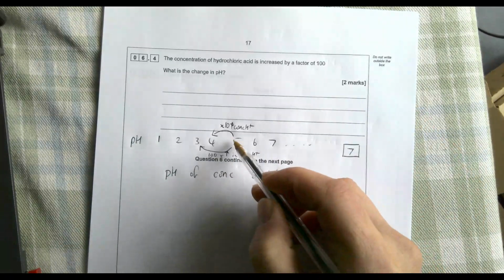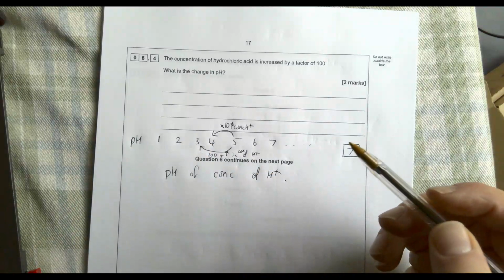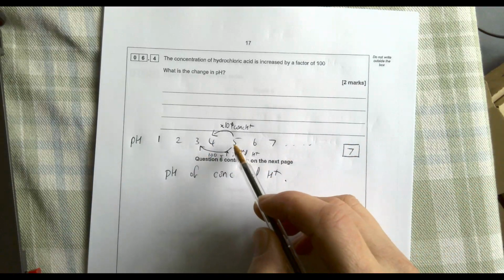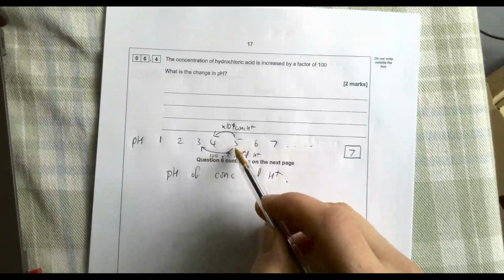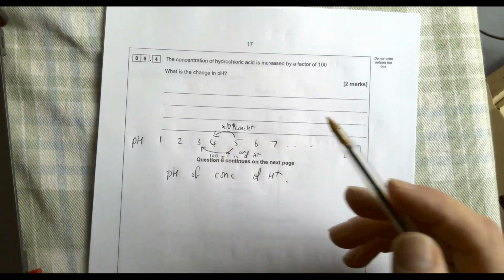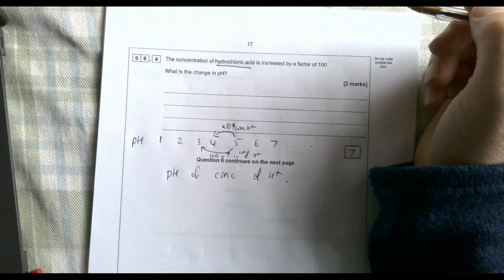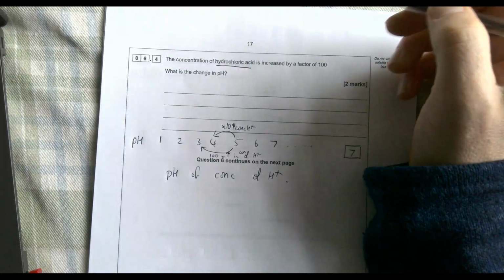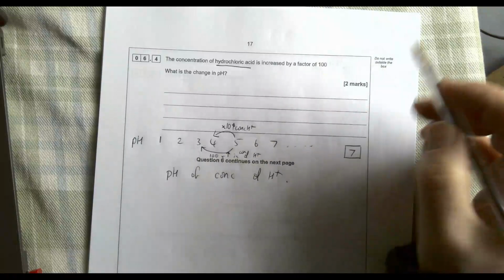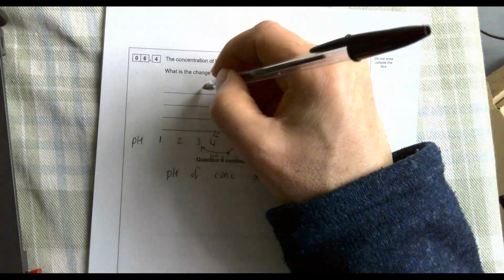Sorry, each 1 step pH change is a 10 times change in concentration of H plus. Right, so as HCl is a strong acid, the H plus concentration is the same as the hydrochloric acid. If you increase it by a factor of 100, it's a 2-unit change.